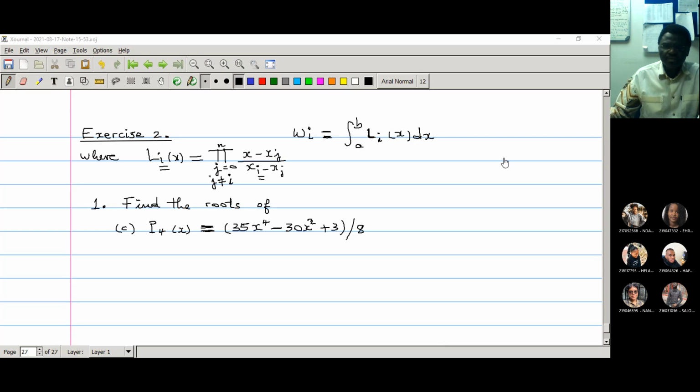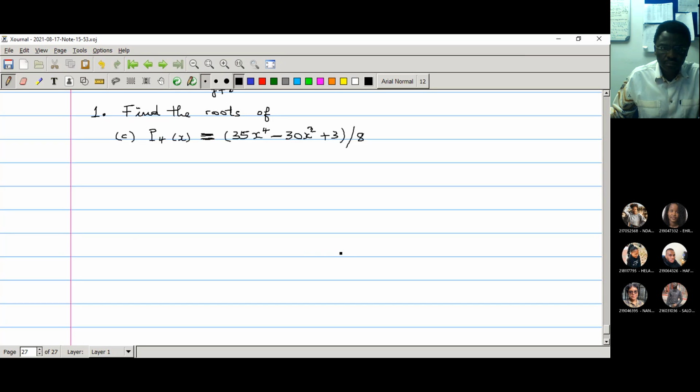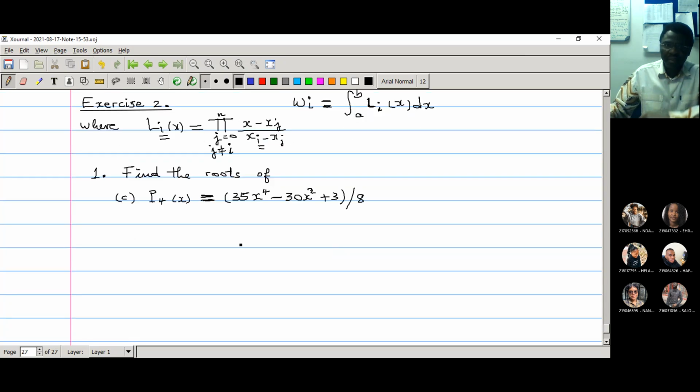Can you quickly share with us before we part? What have you done? How did you proceed? Who can tell us the way to go? If you want to solve this P4 for x equal to 0, how do you proceed?